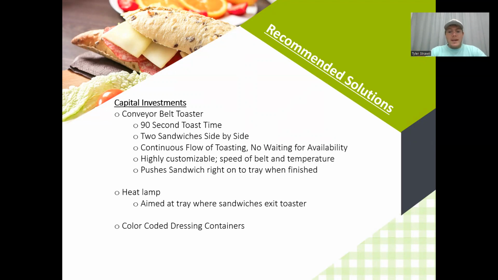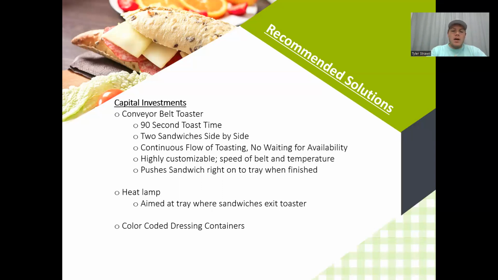This means we are not waiting for availability of the toaster. Another advantage is that these toasters are highly customizable with temperature and speed. Temperature, of course, at which the sandwich is being toasted, and speed of the conveyor belt. And then the final advantage I have listed here is that it pushes the sandwich right out onto a tray when it is finished.